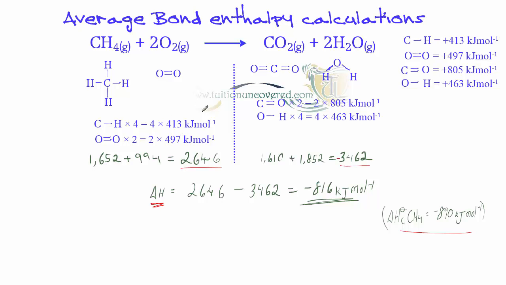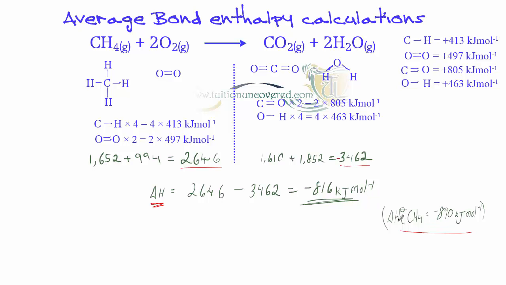Average bond enthalpy is the average energy required to break a mole of bonds when considering the bond in many different environments. So therefore, these values refer to breaking bonds, and of course these refer to making bonds when looking at those bonds in many different environments, hence this value is less accurate.